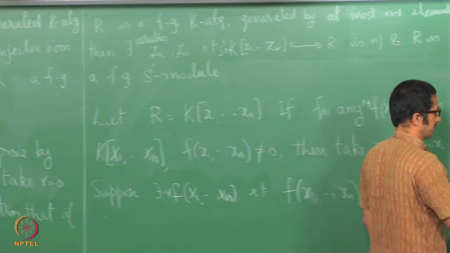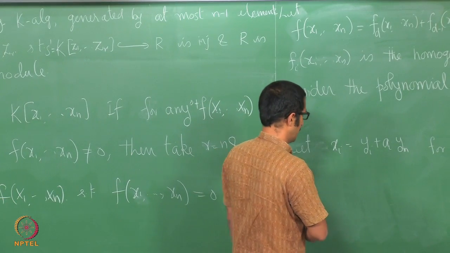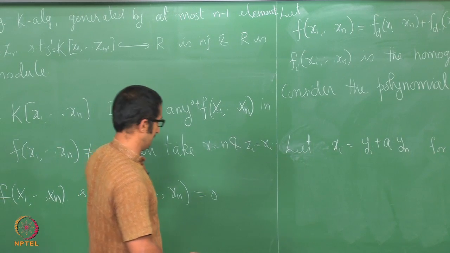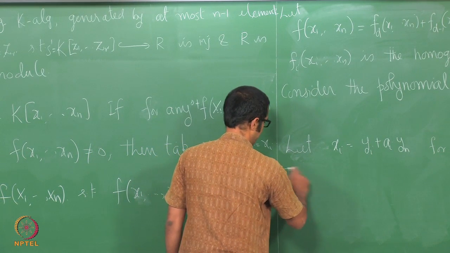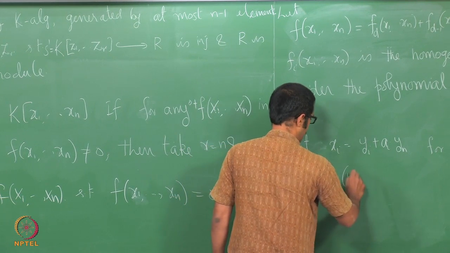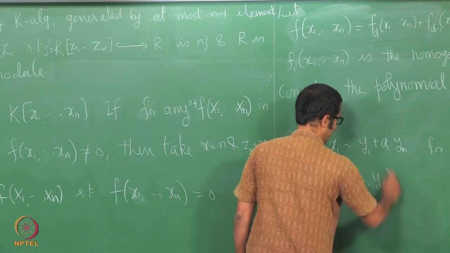Let us just substitute like this. What do you get? f_d of y1 up to yn.